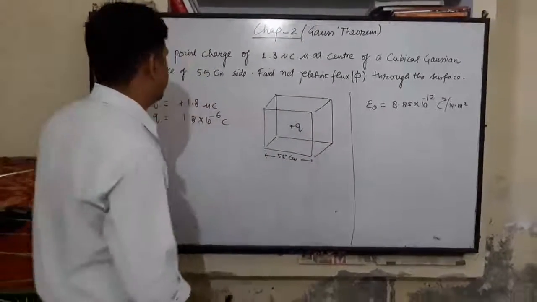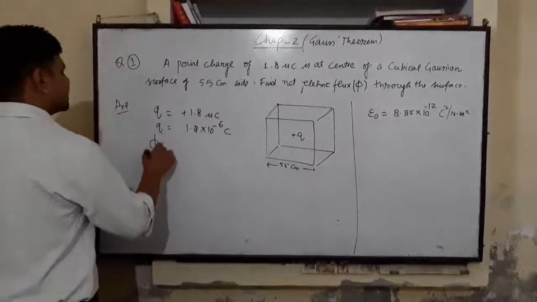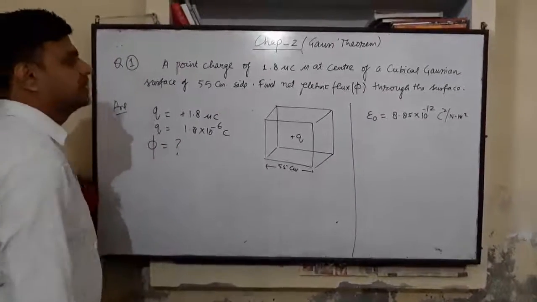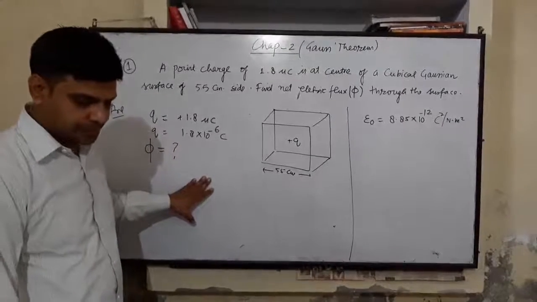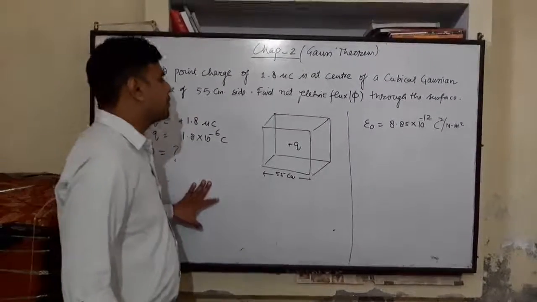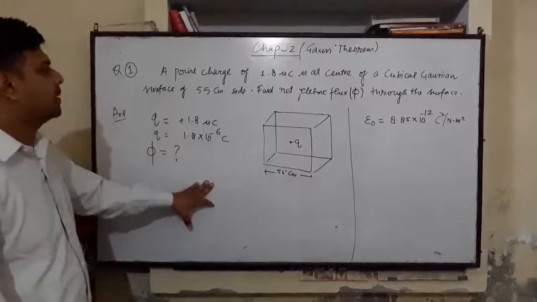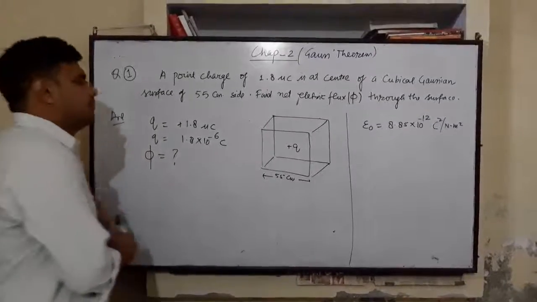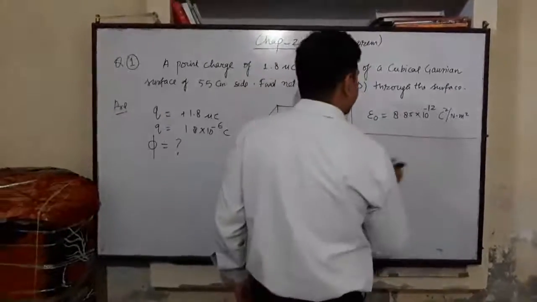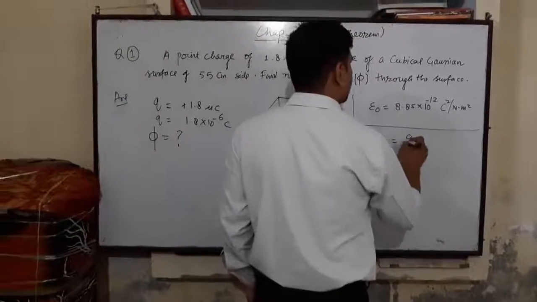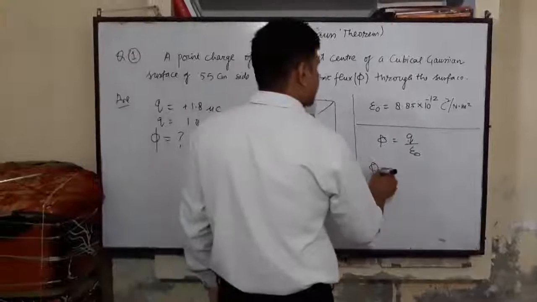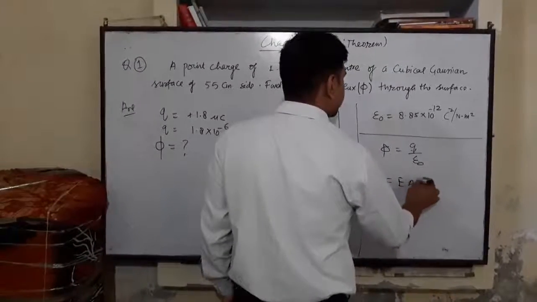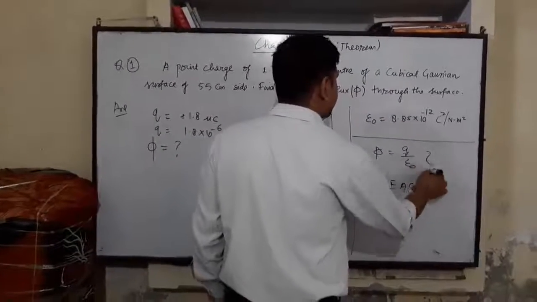What we have to find is the net flux through the surface. We have two formulas, phi is equal to q over epsilon naught and phi is equal to EA cos theta, as I told you.